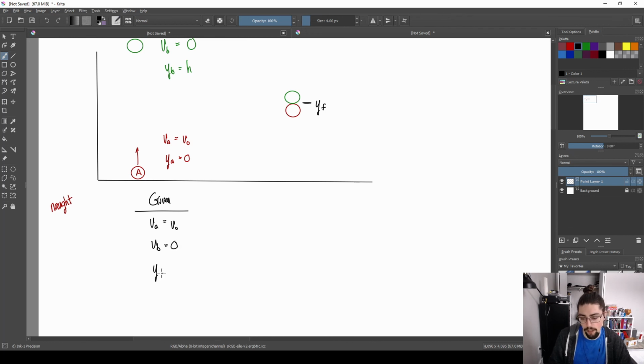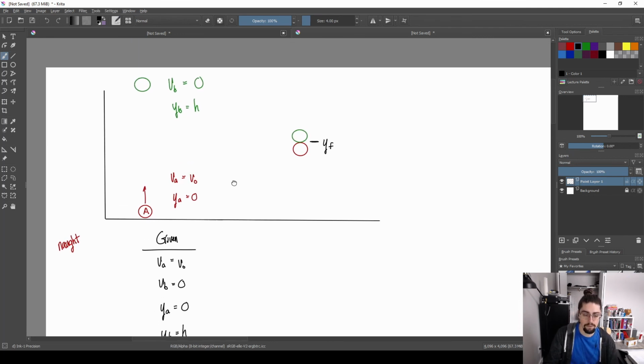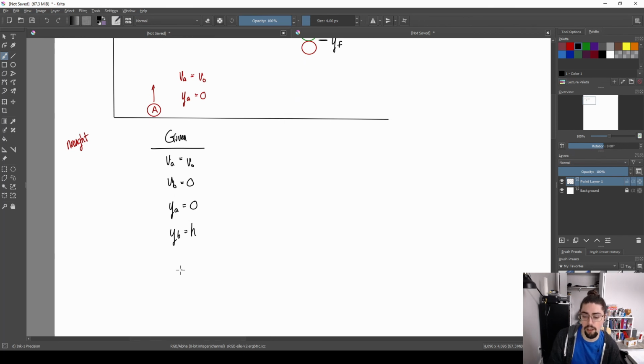I'll have y of a is also 0. And I'll have y of b as h. I have one more thing that I haven't listed so far in this picture. What else do I have? Acceleration. And acceleration for each of these is negative g. So I'm not going to specify a or b, I'm just going to say acceleration is negative g because that's true for each of these.